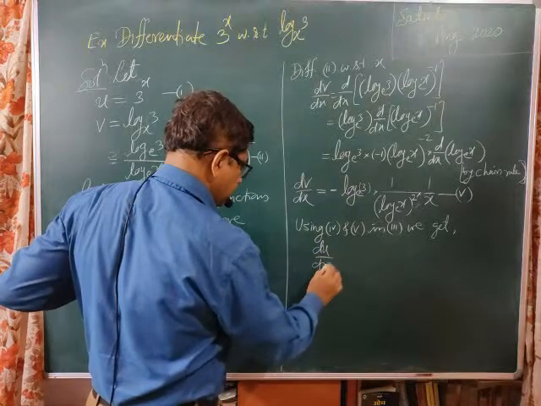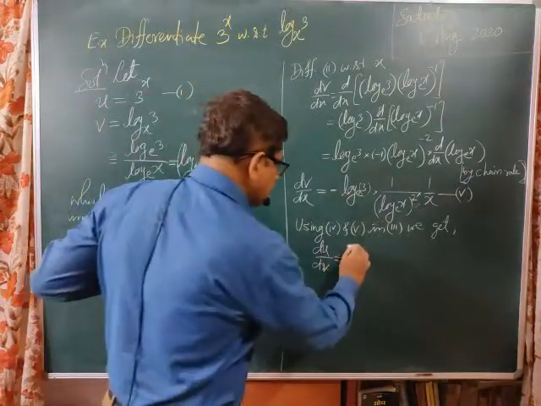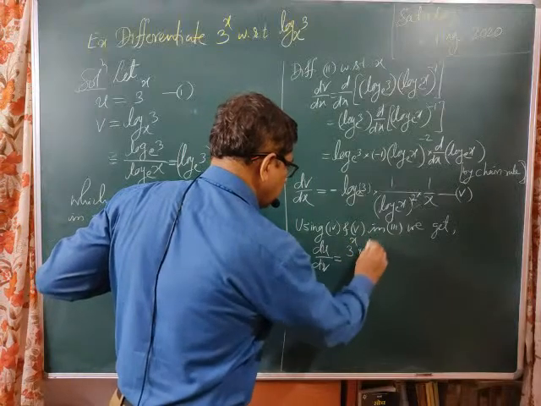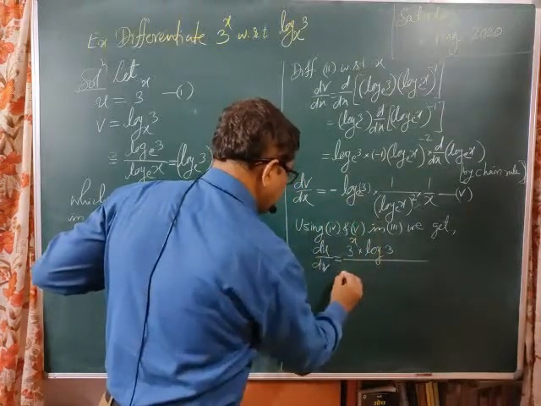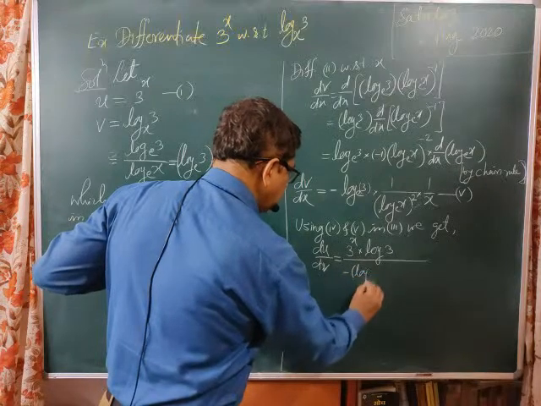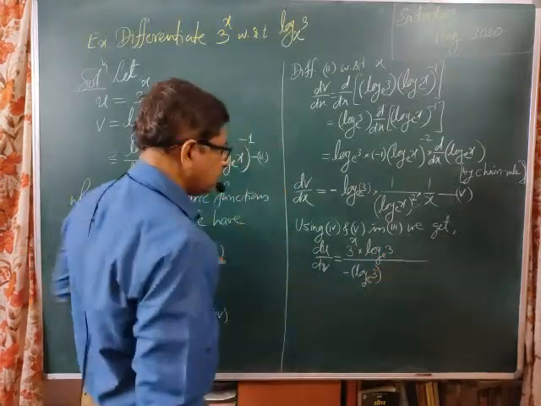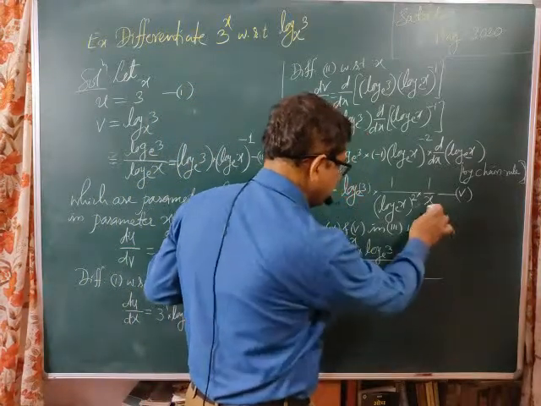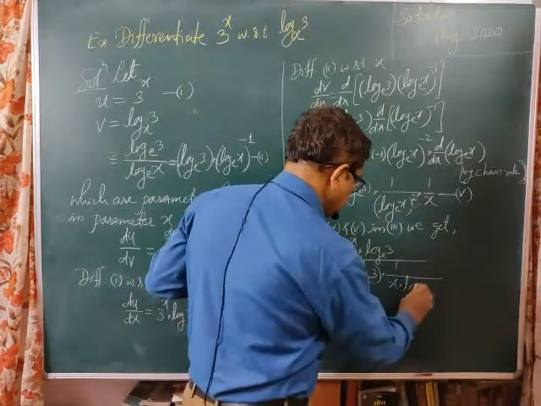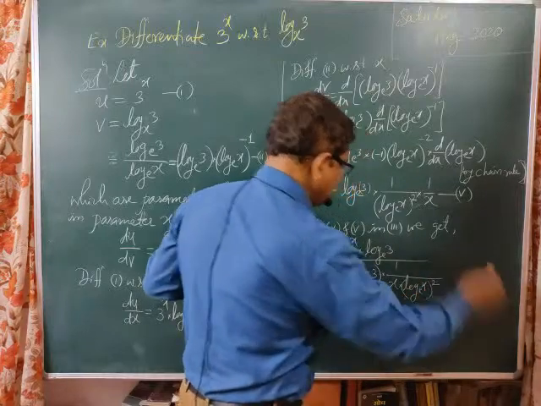du by dv is equal to du by dx is 3 raised to x into log of 3 divided by minus log of 3 to the base e again into 1 upon, I'll write this term first, x into log of x to the base e whole squared.